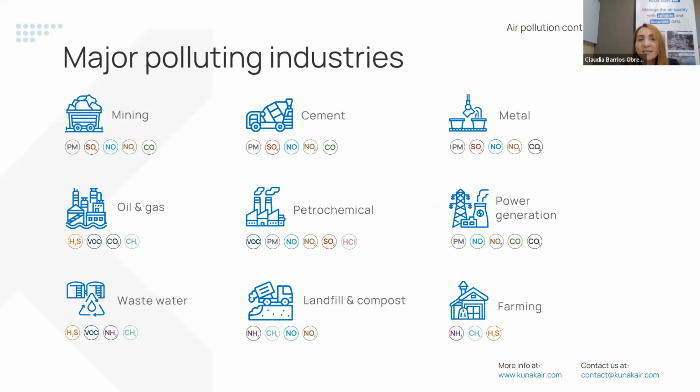The largest source of air pollution for these industries is particulate matter, which is spread by the wind during excavation or blasting, and gas emissions like carbon monoxide and sulfur dioxide as a result of combustion of fuels in explosions or maybe mineral processing. Then we have the metal industry.